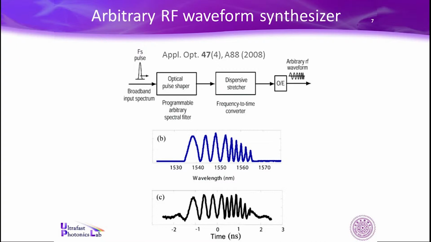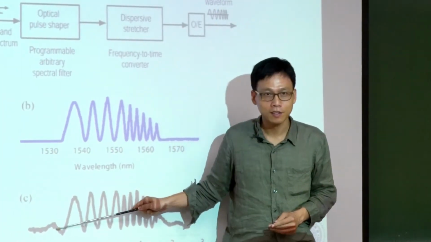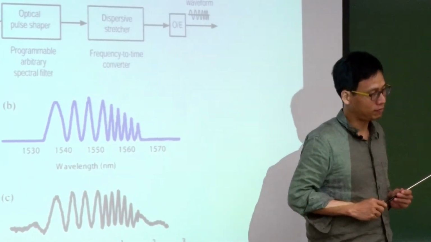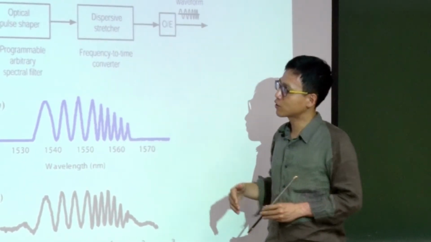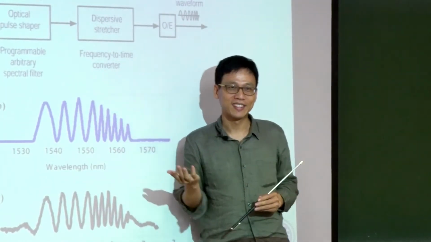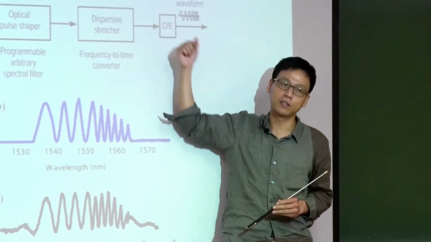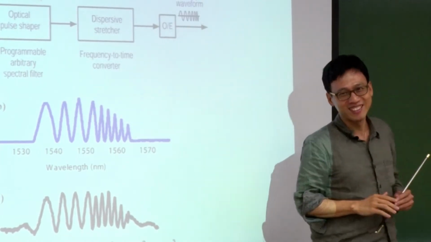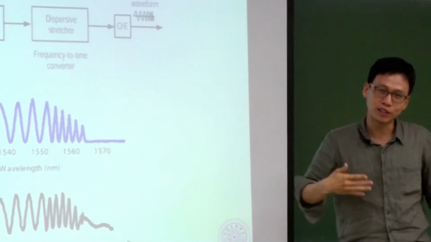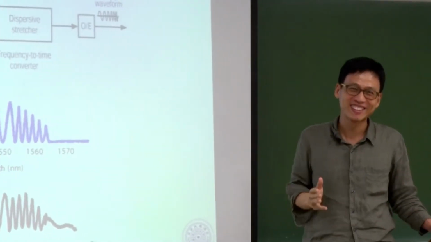How did the ripple, like the one that is added at -2 nanoseconds, come from? Here? Something like, how did it come from? Did it come from noise or? It could be imperfection either here or in OE conversion. Yes. If your photodiode is not fast enough, then even you strike a perfect waveform, the response curve is not perfect.